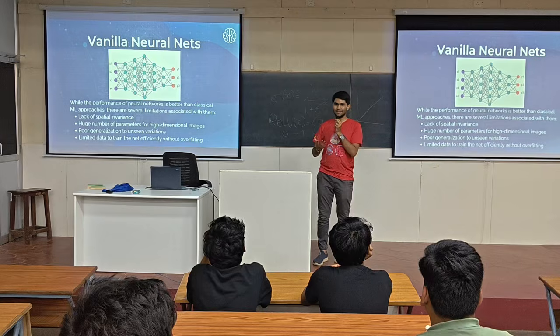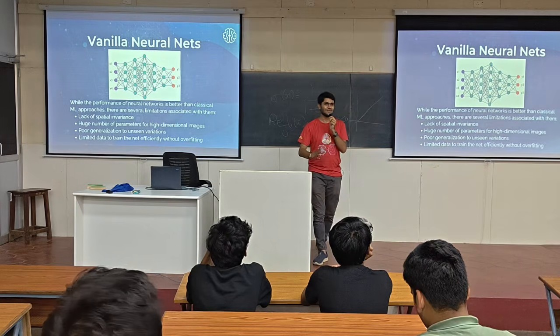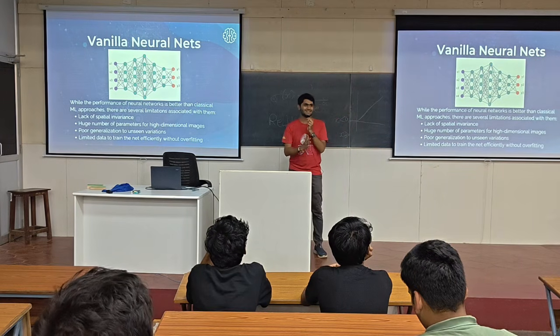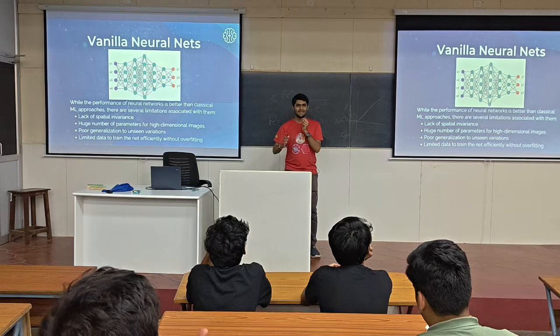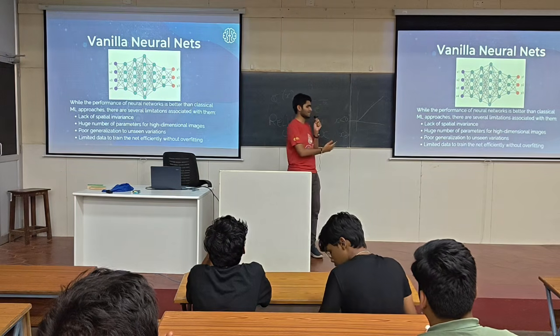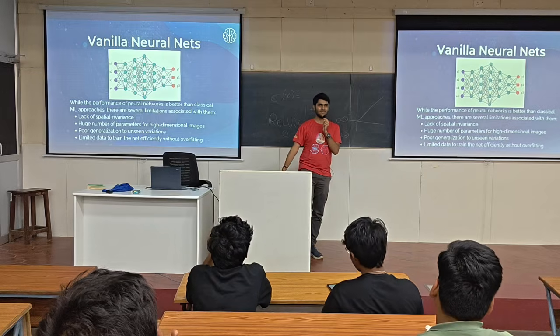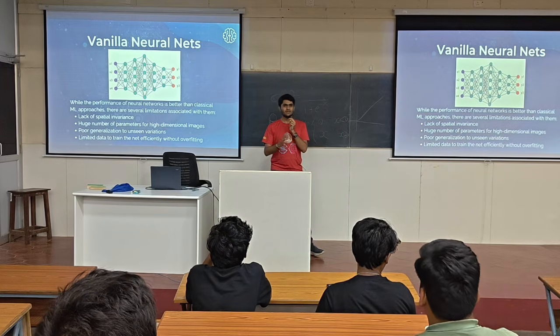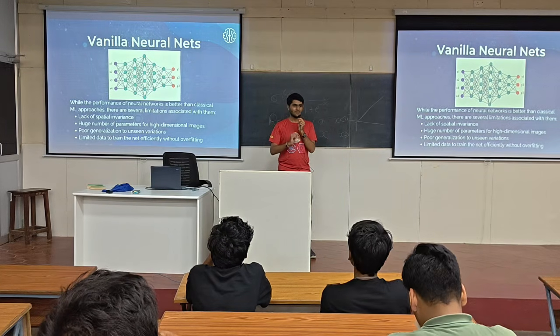So in ML or DL, whenever things don't work, we go for feature engineering, right? Say we have a weather data set, and I want to predict if it will rain tomorrow or not.